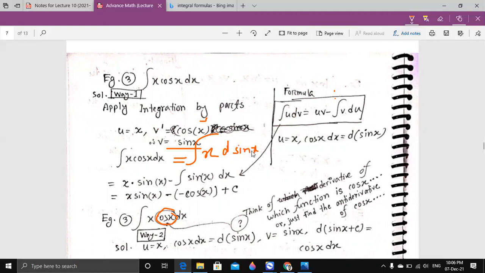So this was our planning. We wanted to convert this cos x dx to something like dv. So here our v is equal to sin x. Am I right? x sin x, x d sin x.